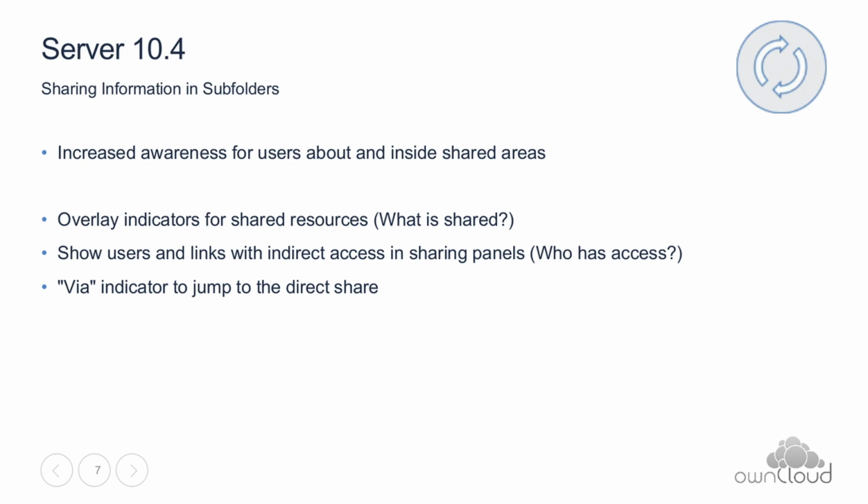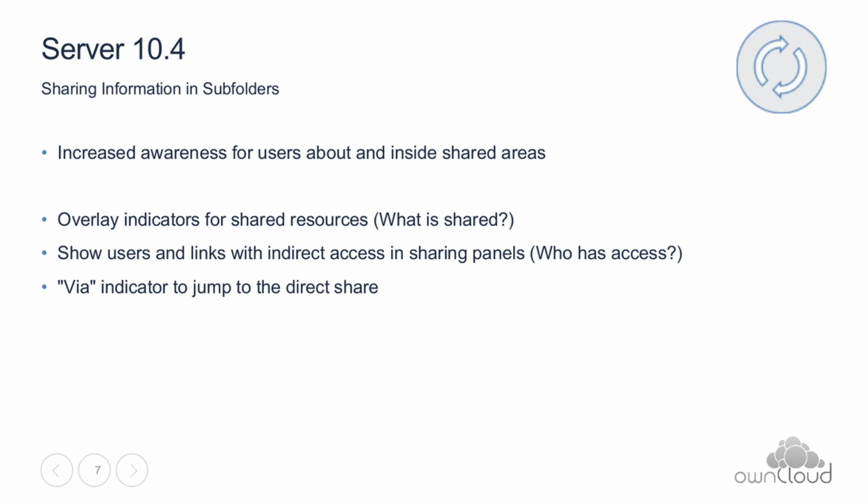So what we did here is that we asked two questions. That is basically, what is shared? And this question we answered by adding some overlay indicators for resources, meaning files and folders, which are shared. And the other also important question is, who has access?